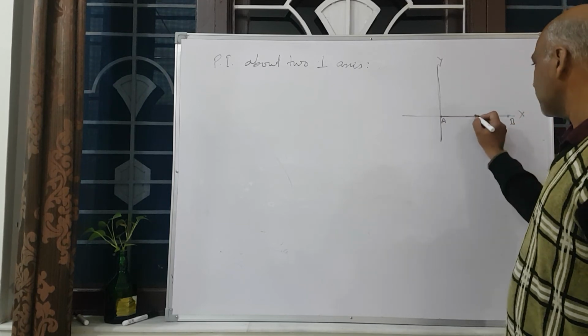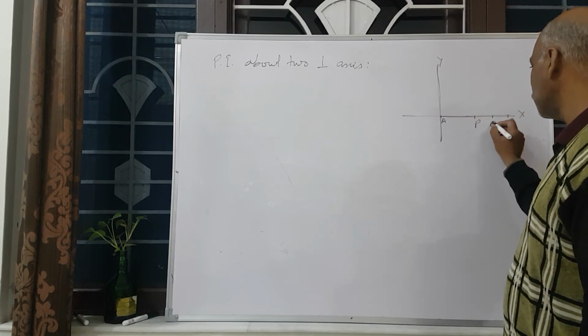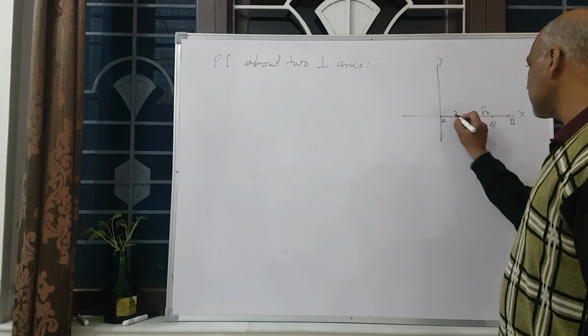Now the same method. There is a point P and Q. This is del x and this is x.